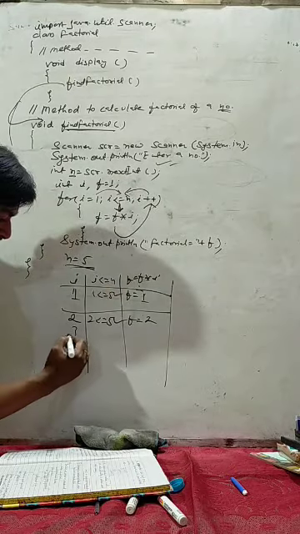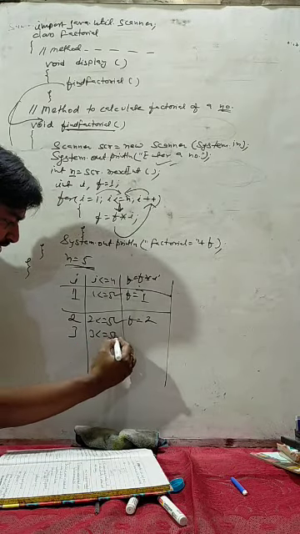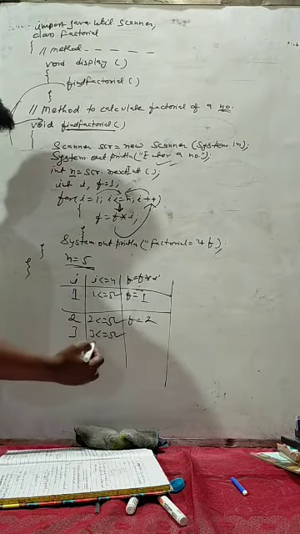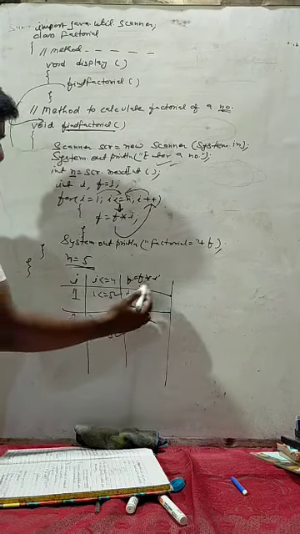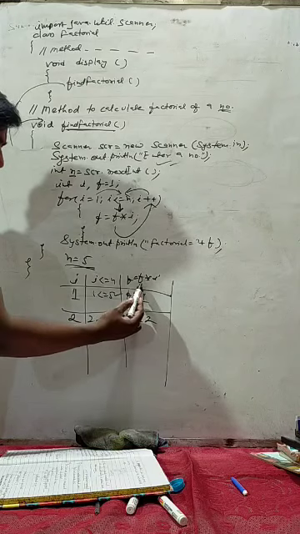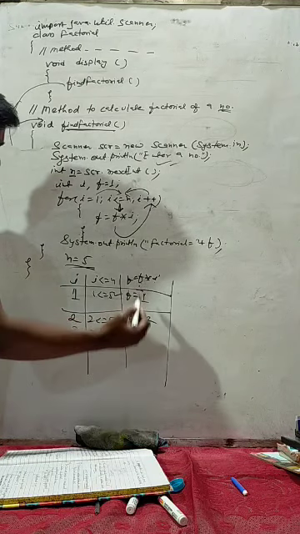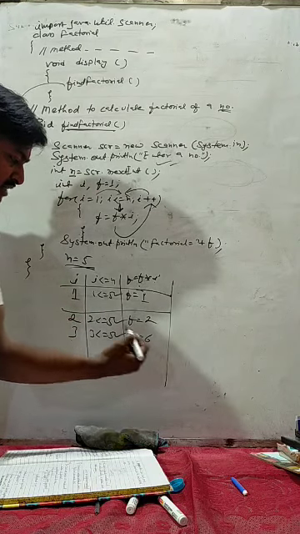Similarly I plus plus 3, 3 less than equal to 5, condition true. Again f equal to f into I, the value of f is 2 and the value of I is now 3, so 3 2s are 6, f equal to 6.